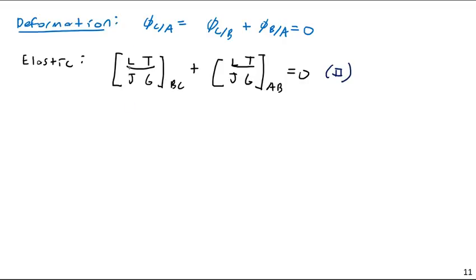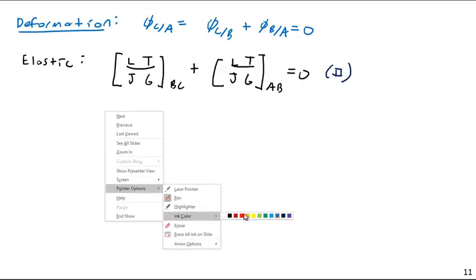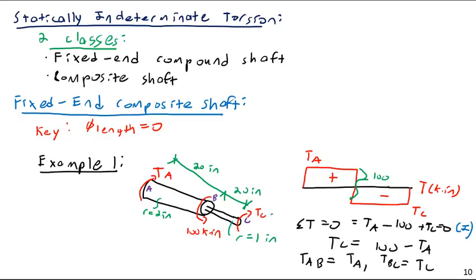All right. Then I'm going to use my compatibility here. Now I know the lengths, and I do know the radiuses, and I am also told here, I have to be given this, that the G here for B to C of this material is 11,200 KSI.